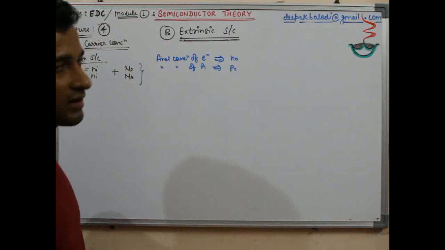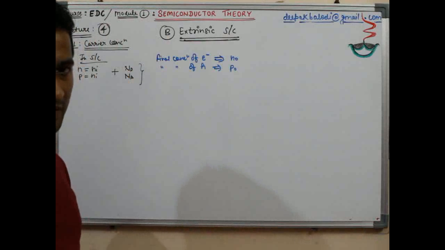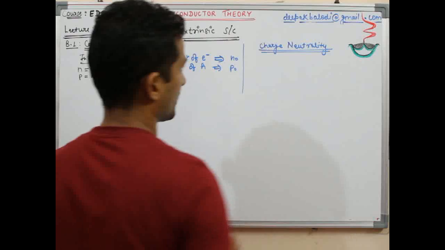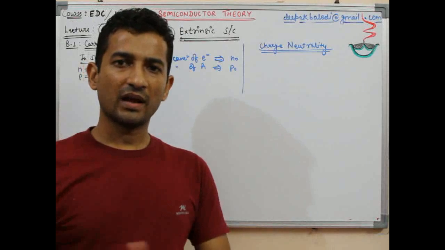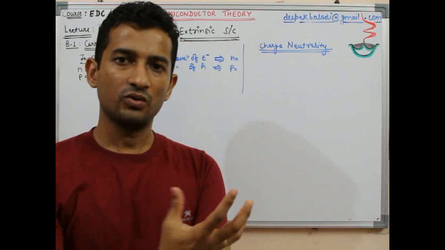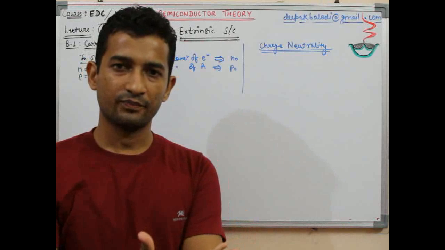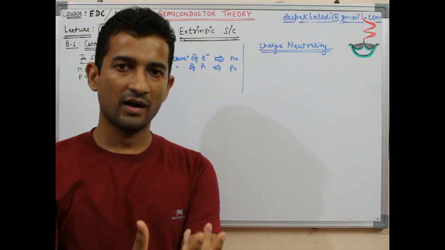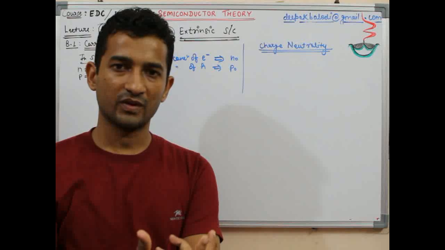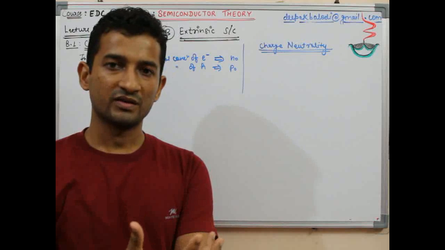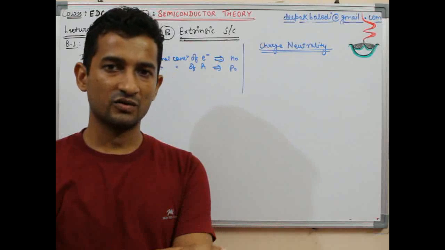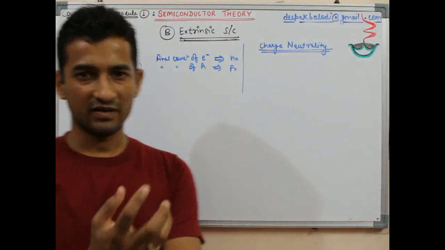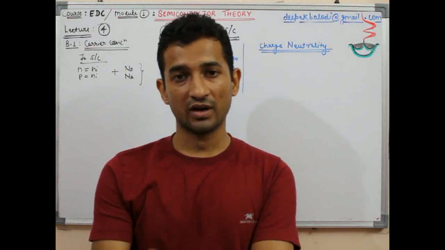Then there comes a very, very important law, that is charge neutrality. For this, a very small comment. First of all, let us assume we are only making an N-type semiconductor. Into the intrinsic semiconductor, what is the total polarity of an intrinsic semiconductor? Is it ionized, or unionized, or does it have some resultant positive or negative charge?